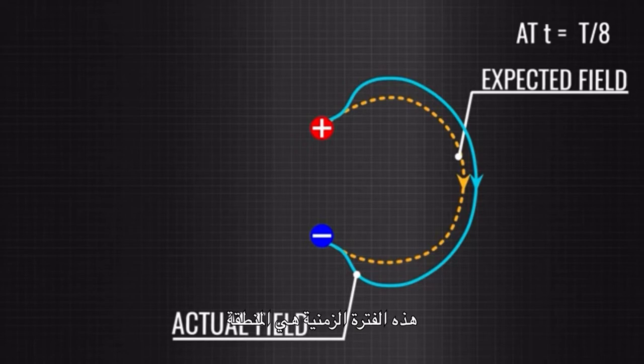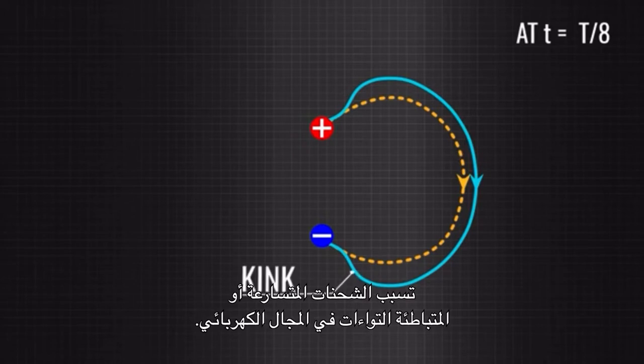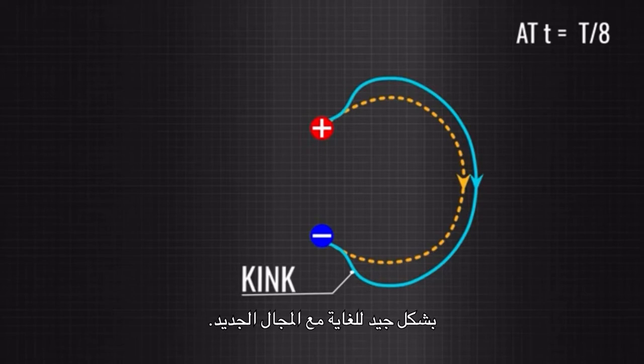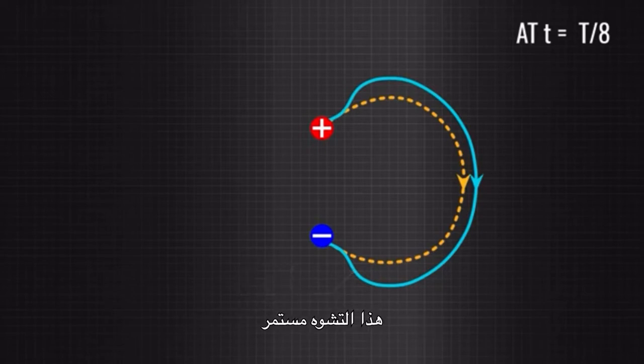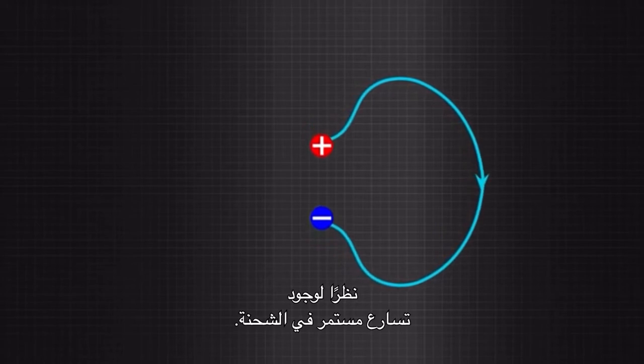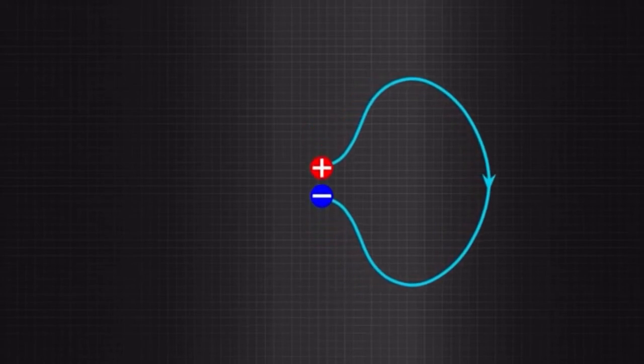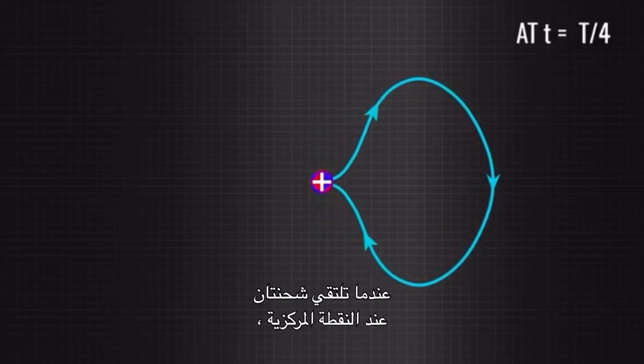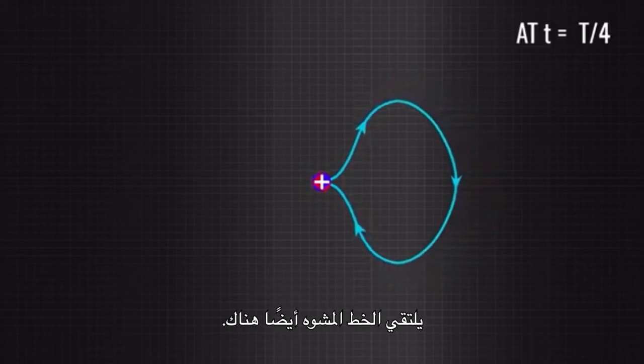The reason for this deformation is simple. This time period is the region with the highest acceleration. As we saw earlier, accelerating or decelerating charges cause kinks in the electric field. In short, the old electric field does not get adjusted to the new field very well. This deformation is continuous since there is continuous acceleration in the charge. When 2 charges meet at the central point, the deformed line also meets there.